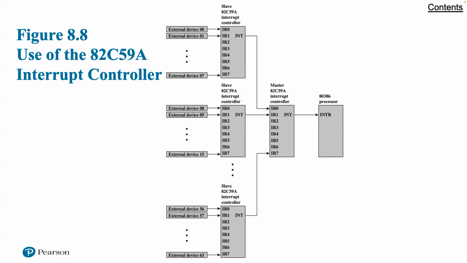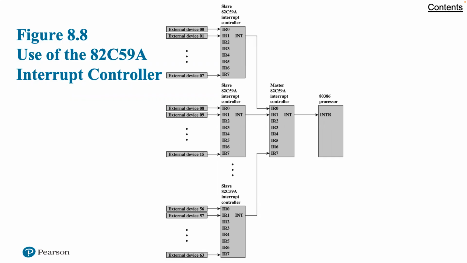It is usually configured with an external interrupt arbiter, the 82C59A. External devices are connected to the 82C59A, which in turn connects to the 8386. Figure 8.8, which we're showing here, shows the use of the 82C59A to connect multiple I/O modules for the 8386.